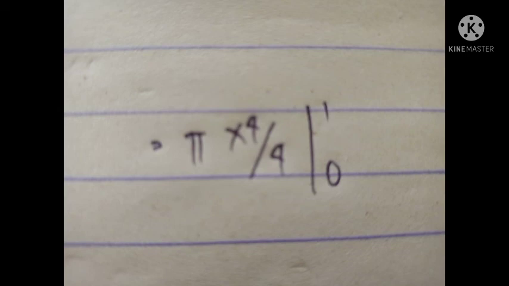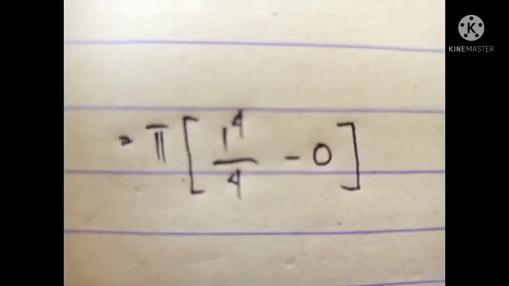Now as we integrate, we'll get pi times x to the power of 4 over 4 with a lower limit of 0 and an upper limit of 1. Now let's plug in the values, so we'll get pi times 1 to the power of 4 over 4 minus, we all know that if we plug in the 0, we'll get 0, so minus 0.